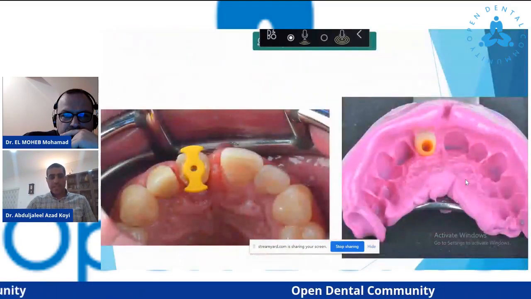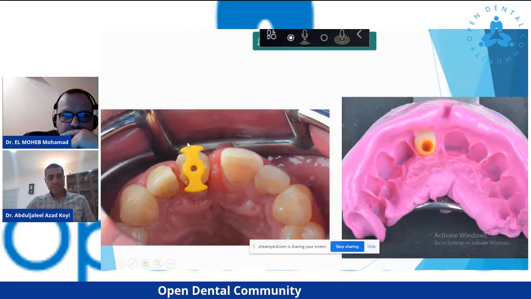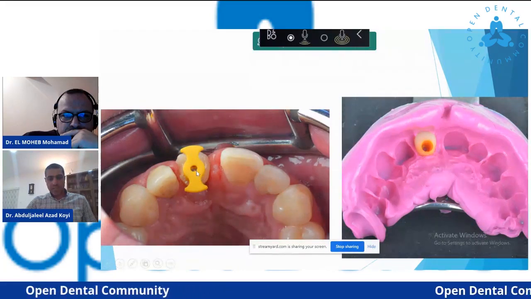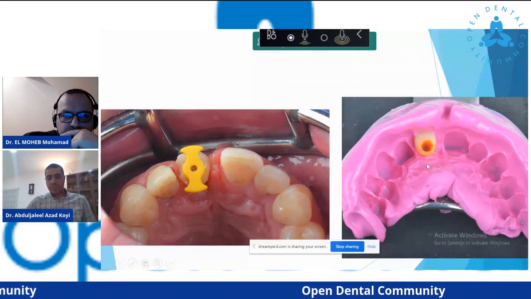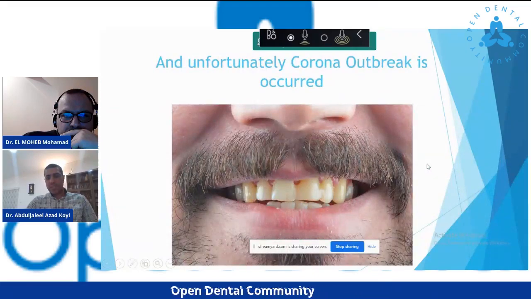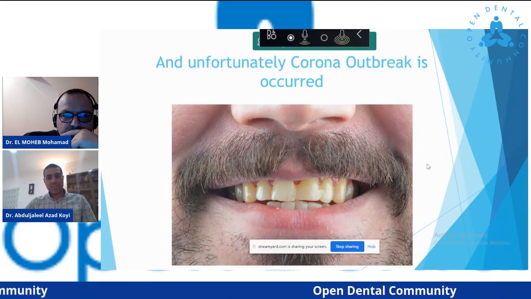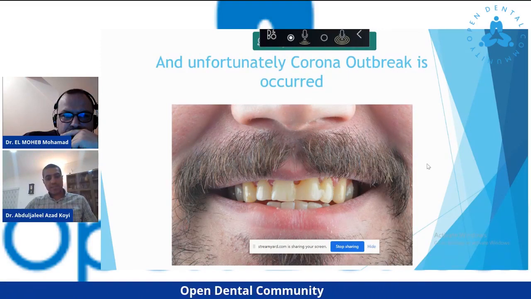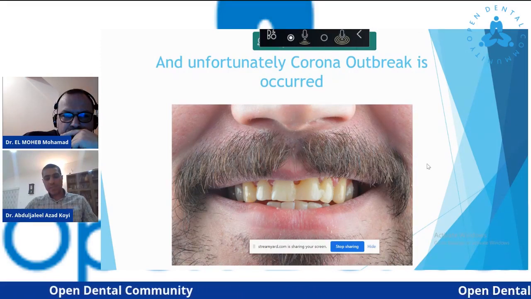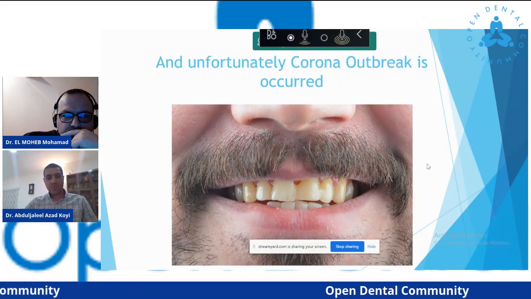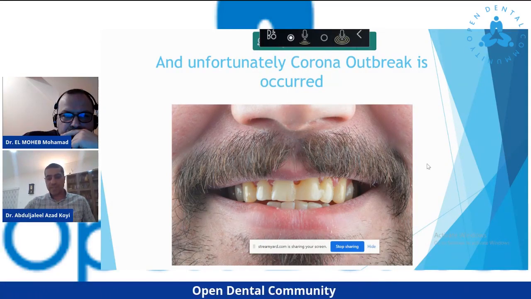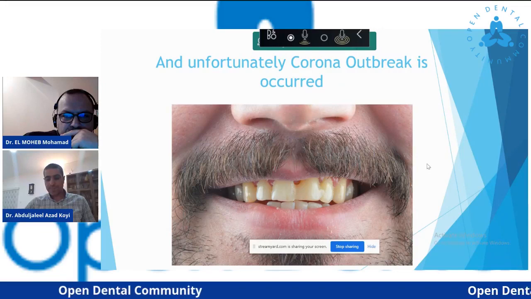Okay. Then we made the customized impression post, as you see, and then we took the impression. But unfortunately, the pandemic problem started. Now the cast is in the lab. We are waiting for the situation to resolve, and then we will do the final steps for this patient.